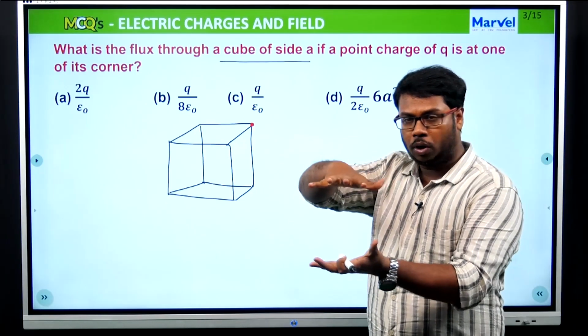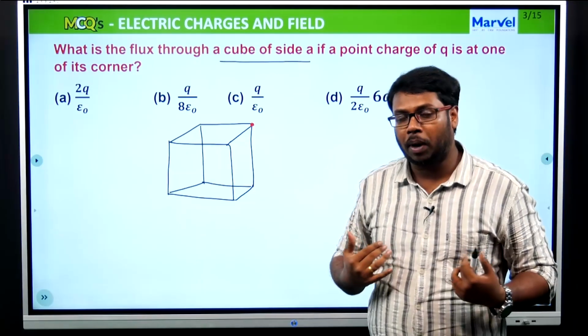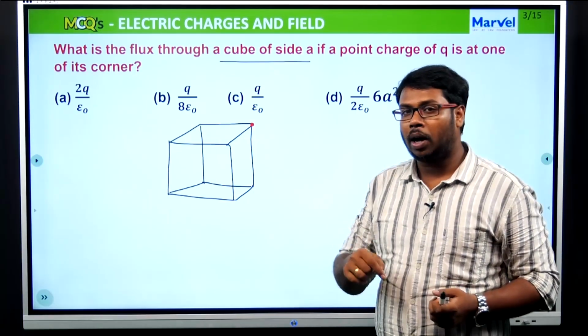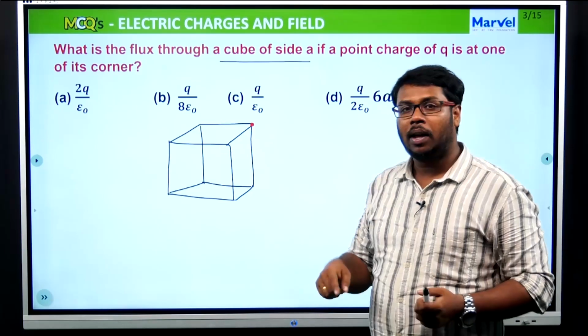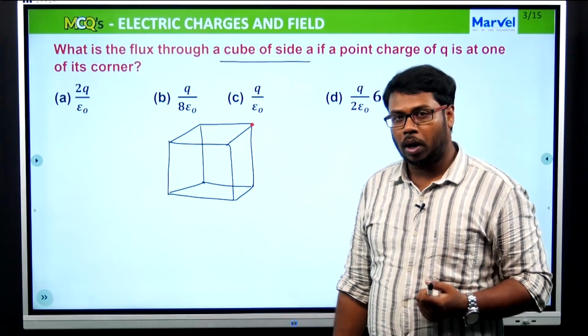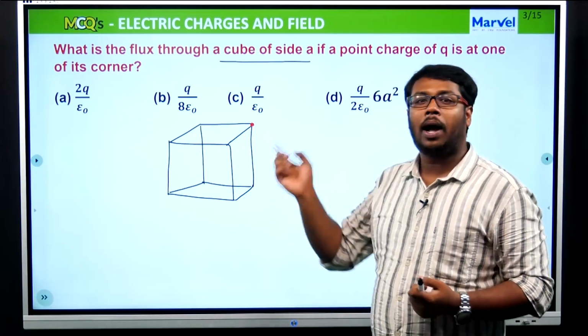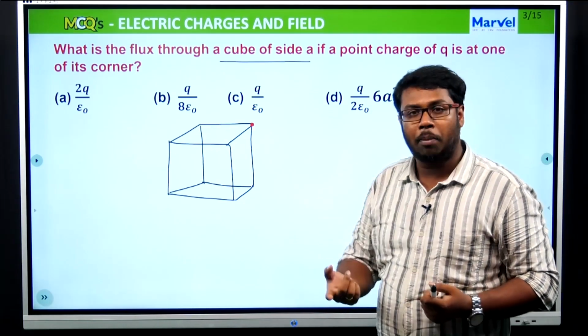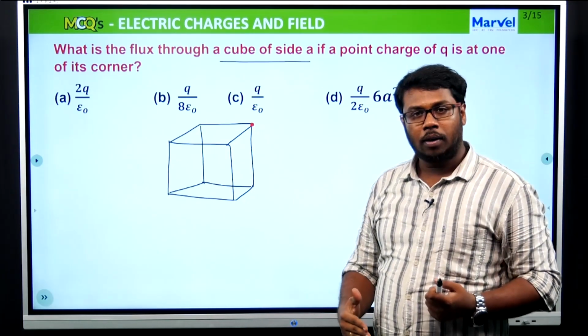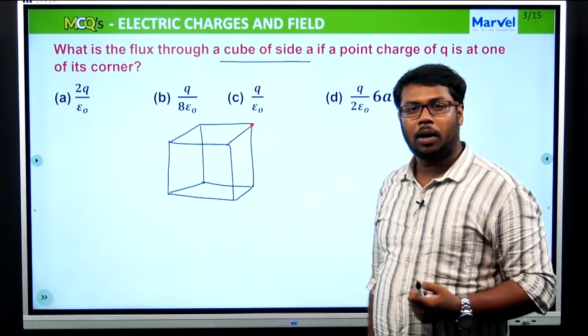But still I am unable to enclose the entire charge. Even though I have managed to place 3 extra cubes, I am not enclosing the charge. So what am I supposed to do? I have to add some more cubes. So again I am going to add 4 more cubes on top of these cubes which are at the surface.